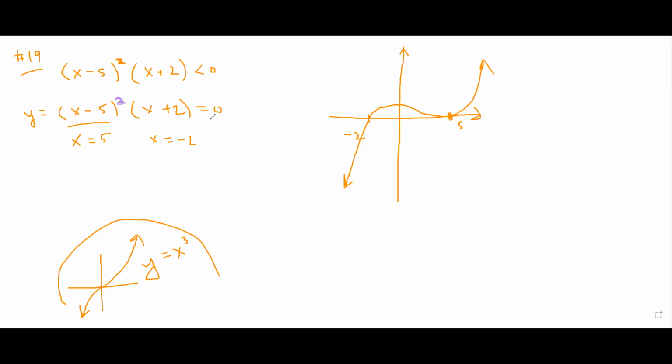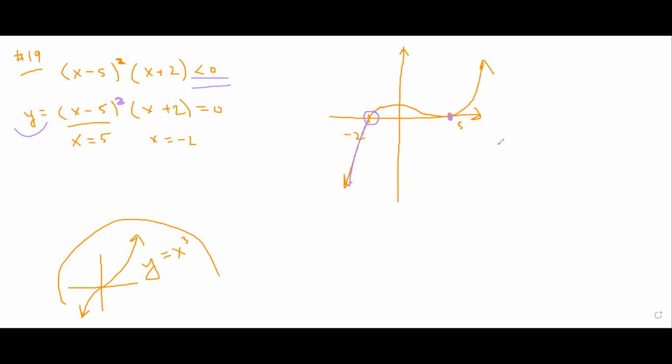Since the power is 2, we touch at that number 5. So the question is, when is it less than 0? And the answer is the y coordinates of these points are less than 0, without including the end.